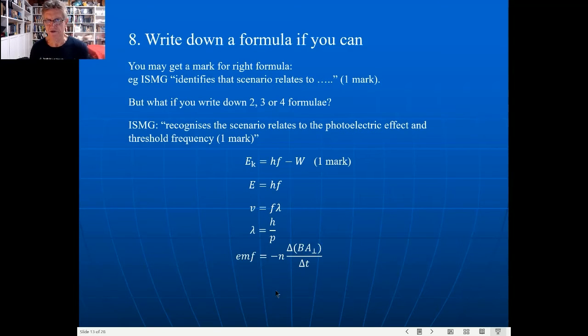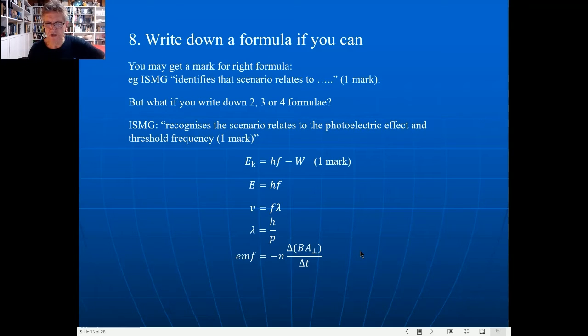Now, say for instance you put that down. Well, that's Faraday's law. Now, that's nothing to do with it. So it's not clear here that you recognise the scenario as the photoelectric effect, because you're putting this one. So you're confusing the marker. You're saying to the marker, well, it's either one of these two, and the marker might have to say, well, you can't hedge your bets.